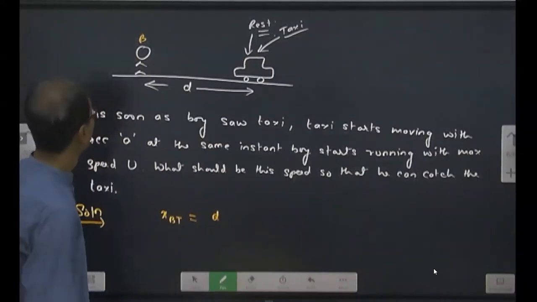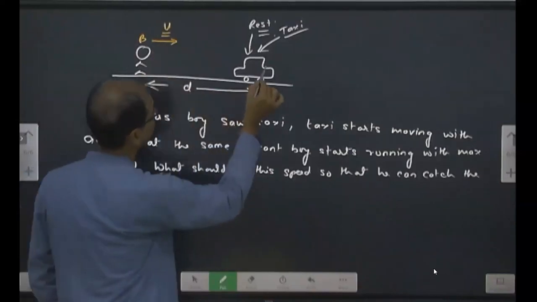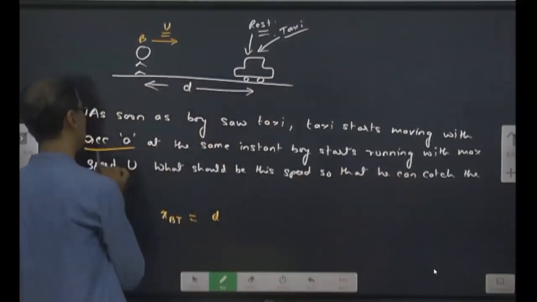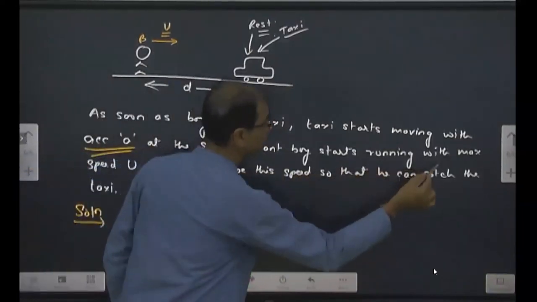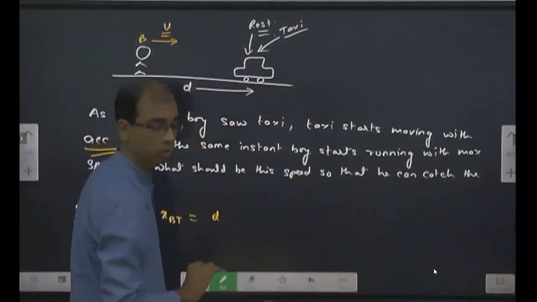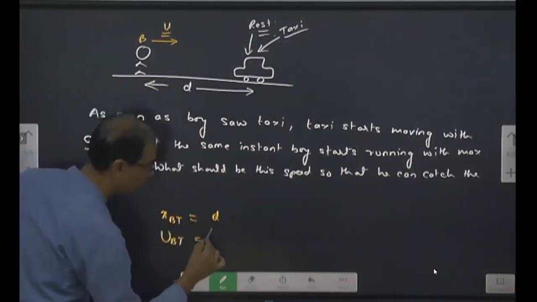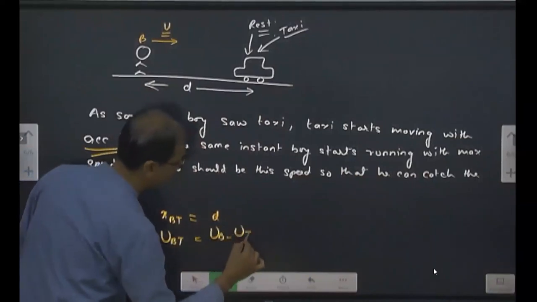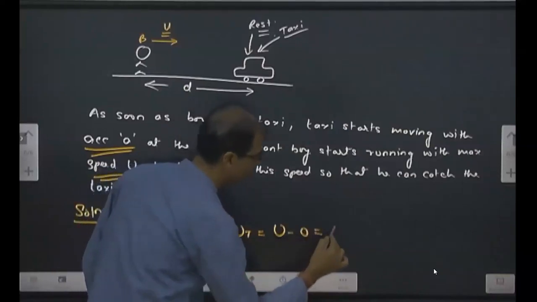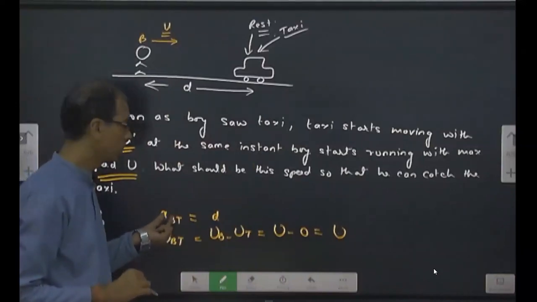Velocity of the boy is u, initial velocity. And velocity of the car is 0, because it starts moving with acceleration a, whereas the boy starts running with maximum speed u. So I'm writing the initial velocity of the boy with respect to the taxi. What will it be? Ub minus ut, but ub is u and ut is 0. So it's u. How much distance more does the boy have to travel with respect to the taxi?